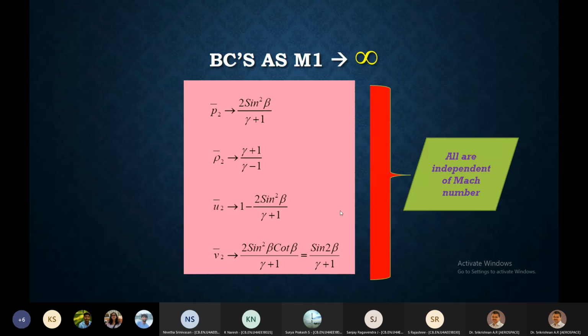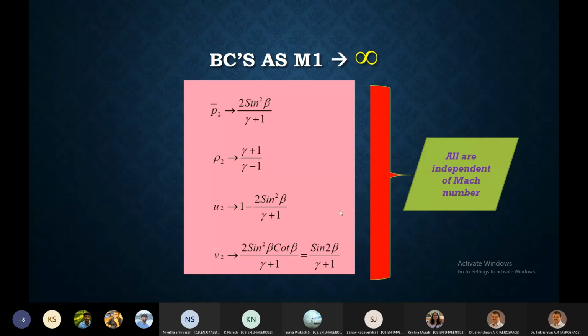Non-dimensionalized density becomes gamma plus 1 by gamma minus 1, etc. All of them happen to be independent of Mach number, which means that on the shock side, we can express all the boundary conditions for the respective non-dimensional variables, that is p2 bar, rho2 bar, u2 bar, etc., as independent of Mach number.